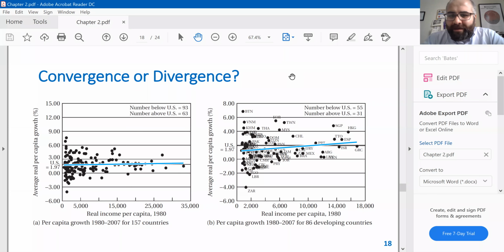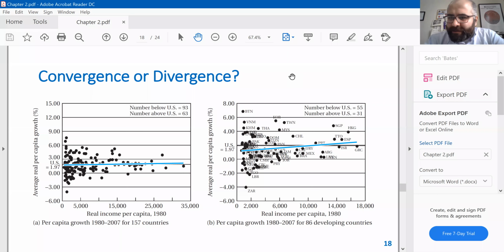So in 1980, I record the income levels, real GDP per capita, or real income per capita, shorter. And I put this on the horizontal axis. On the vertical axis, I look at the average growth rate of per capita income after 1980, right?